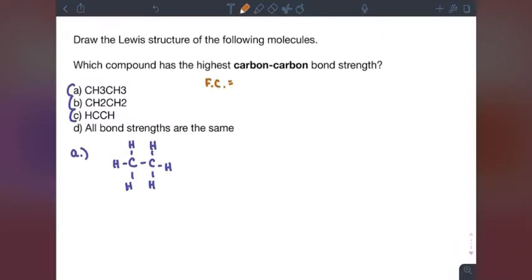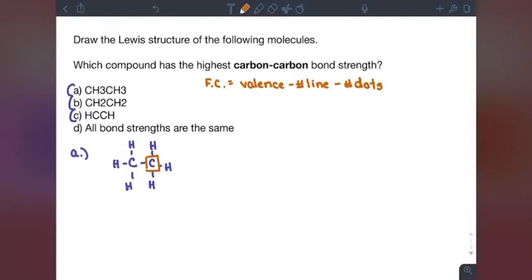To find the formal charge, I use this formula: valence electrons minus the number of lines minus the number of dots. This is, for example, if we're looking for the formal charge of carbon. So let's do that now.